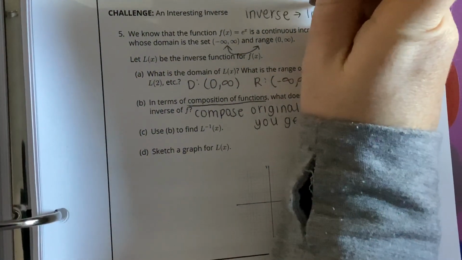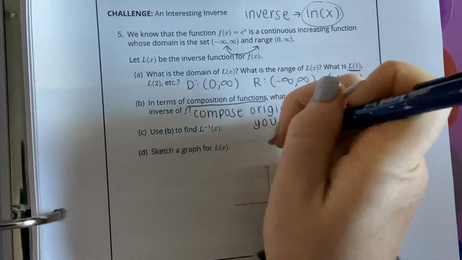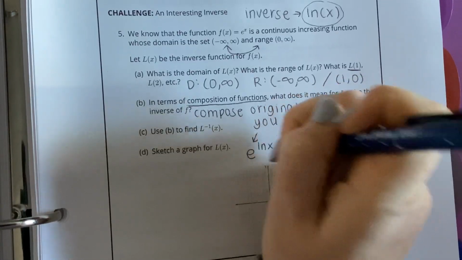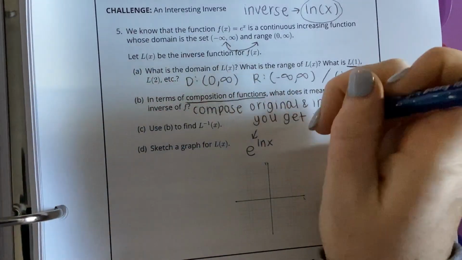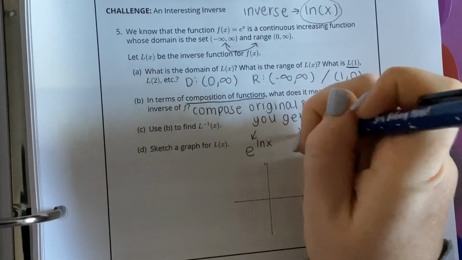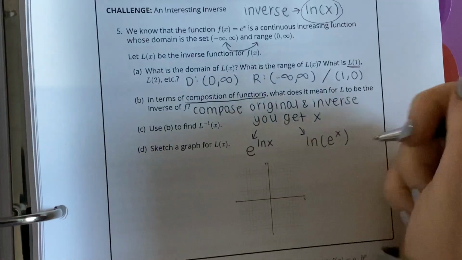So basically, if you take one and you plug it into the other, everything cancels out. So like if I take ln of x and I plug it in for e of x, I would get e raised to the natural log of x. The e and the natural log would cancel each other out. If I plugged it in the other way, so if I took e of x and plugged it in here, I would get the natural log of e to the x.